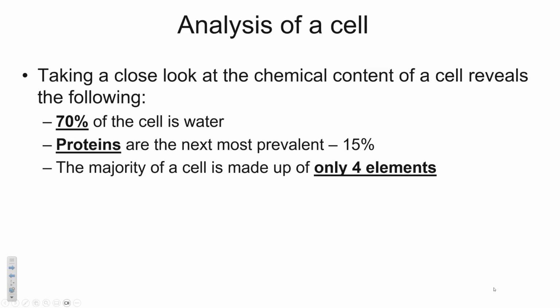But when you look at the next part, the building blocks of the cell largely come from 4 elements. So these include carbon, one of the main building blocks of all life forms, hydrogen, one of the next most common building blocks, then oxygen, and nitrogen.